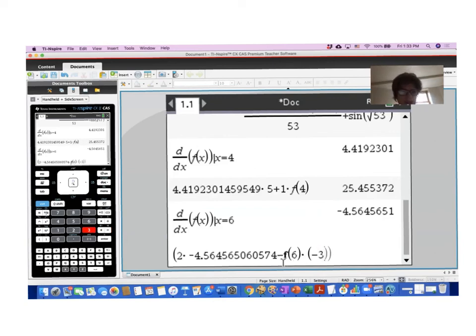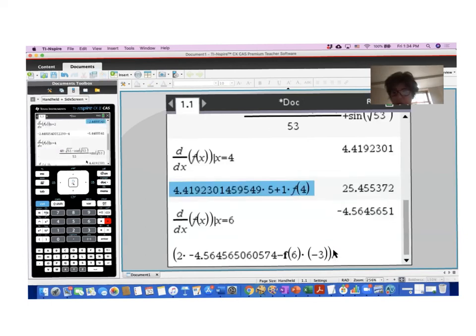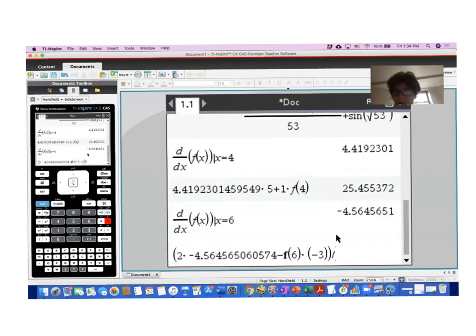Okay, there you would hit the negative sign that has the parentheses around it, all divided by g of 6 squared. So g of 6 squared would be 2 squared, which is 4, right?